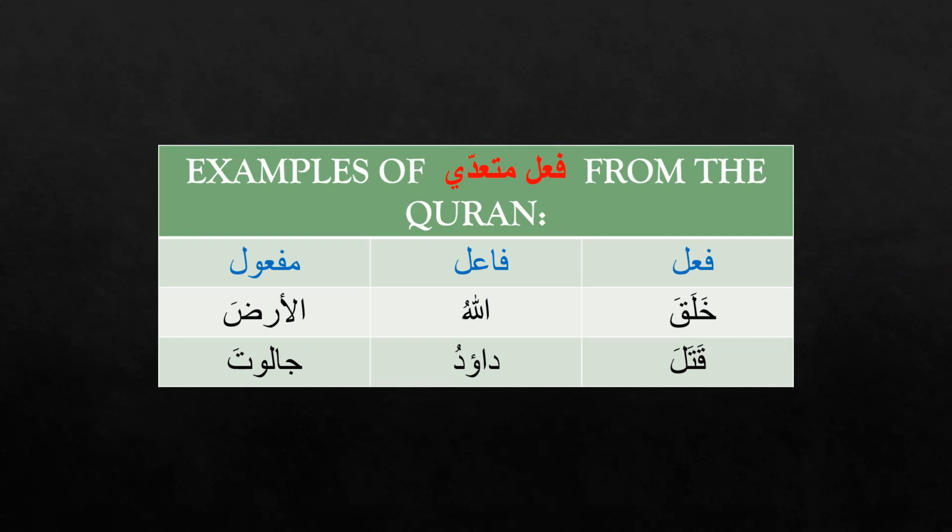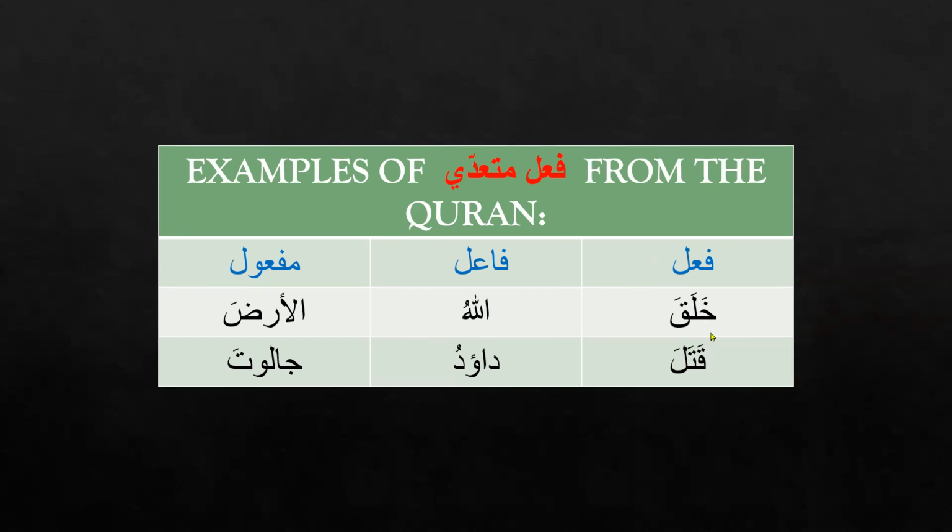We will also learn about the fi'l naqis, but these are all fi'l tamm because they are the complete fi'l, giving the complete meaning of the Jumla Fi'liyya. And as I mentioned, today we are learning about the damir that can be used as maf'ul. You can see in these examples of fi'l muta'addi from the Quran that we have the three main parts of Jumla Fi'liyya: fi'l, fa'il, and maf'ul.